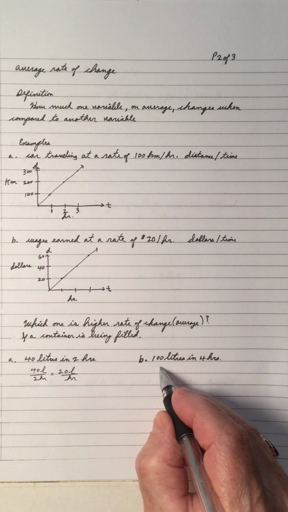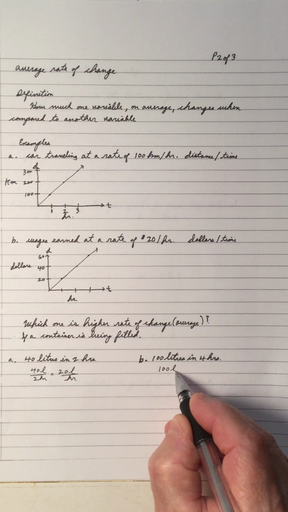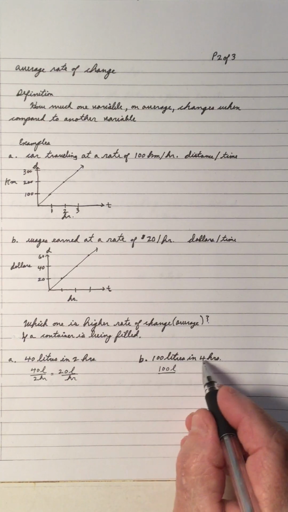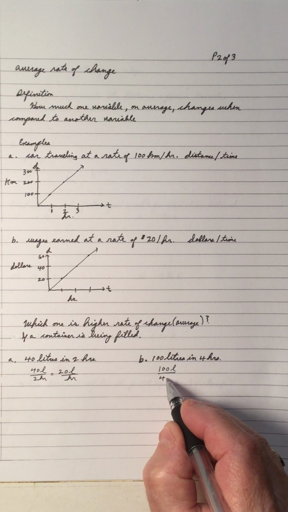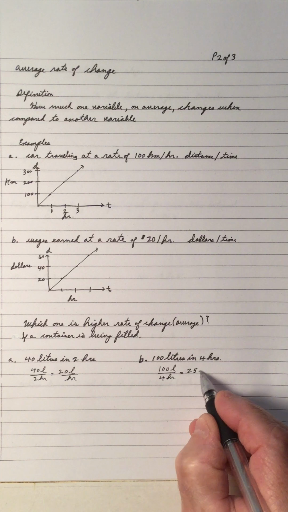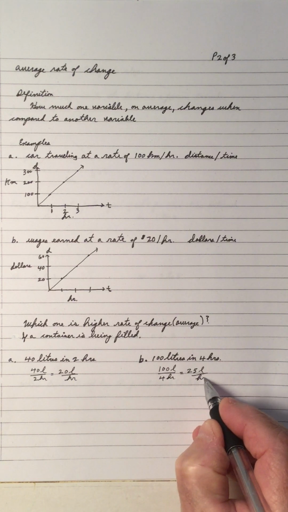And if you have 100 liters, again, liters as in liquid, 100 liters per 4 hours, reduce it, that's 25 liters per hour.